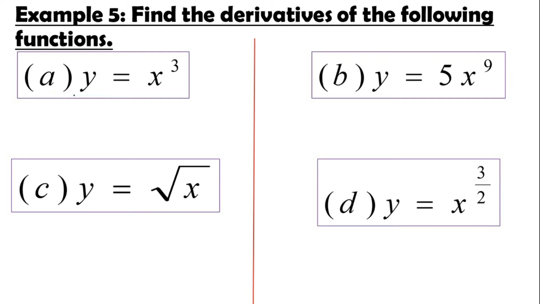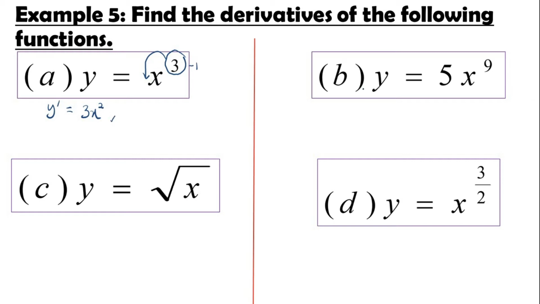So the derivative of y, you can use either y prime or dy/dx. In this case here, I will use y prime equal to, following our basic rule, whenever you have a power, you can bring the power to the front and all power would be minus 1. So in this case, you will get 3x squared as your final answer.